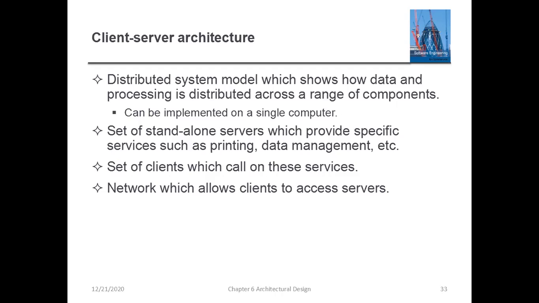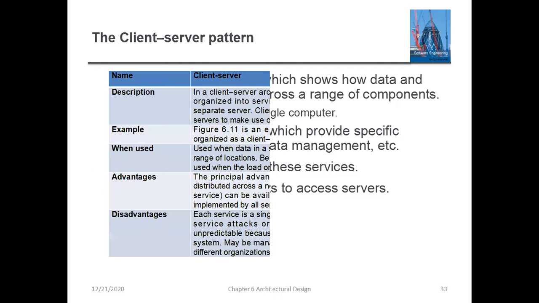Common network resources are used, the network which allows clients to access the servers. Through the internet, the client and server are definitely connected via the internet. As I told, the HTTP request and web browser and all this, we have already explained.